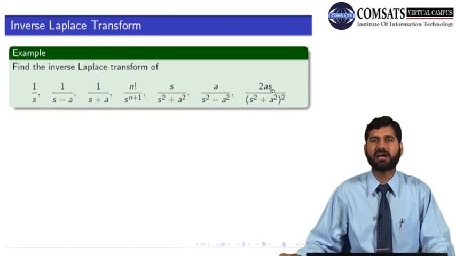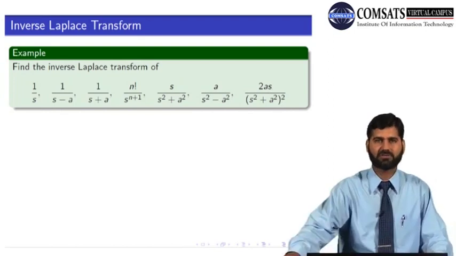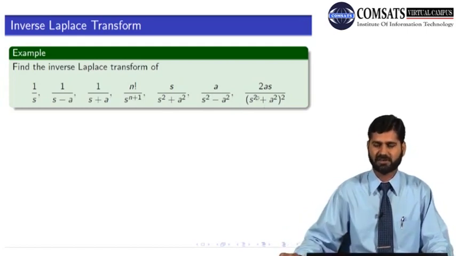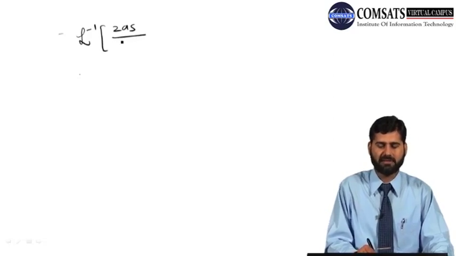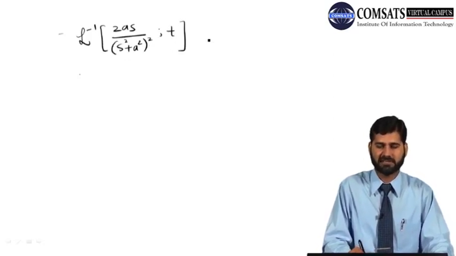So we know that when we take the derivative, we have to multiply by t. So this will be a good idea to find the Laplace inverse of this last function. So you are looking for the inverse Laplace transform of 2as divided by (s square plus a square) square, and it will go to t times something, of course. This is what we need.